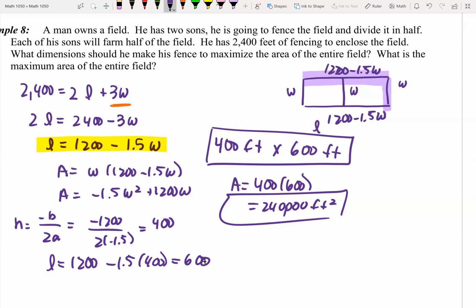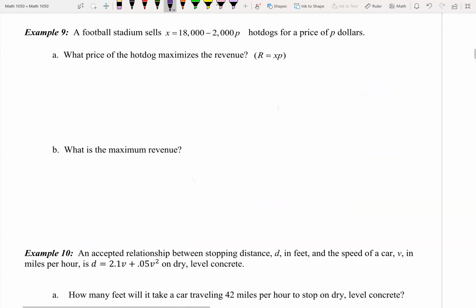But the area of both of those, no matter which way it's flipped, is always 240,000. Who says I understand that? Raise your hand. That's why, you know how we put the house at the bottom? If we put the house on the side, it doesn't matter, because you don't know which way it's flipped, and you don't know where the house is, but the numbers end up the same no matter how you set it up. Okay? All right, question 9.